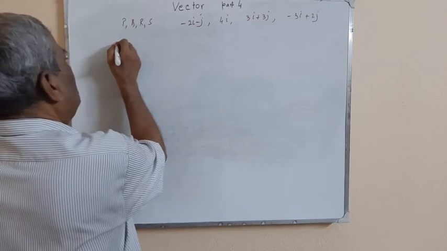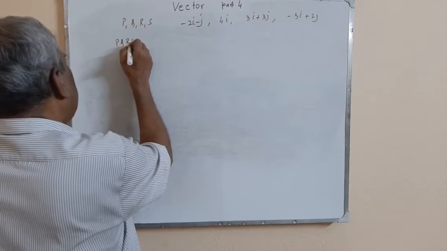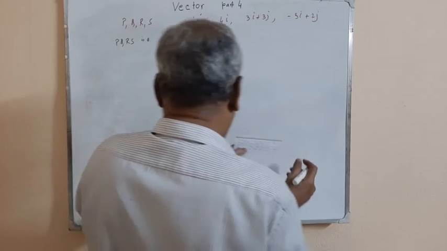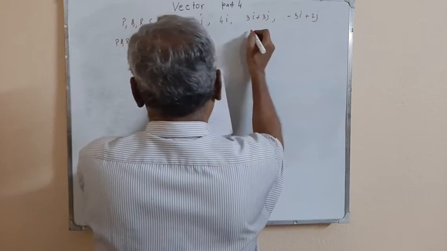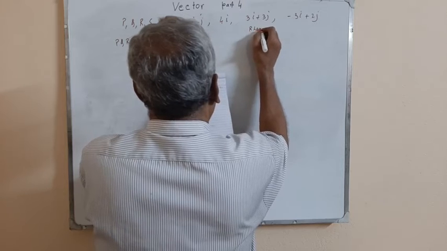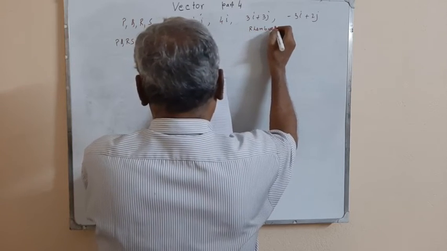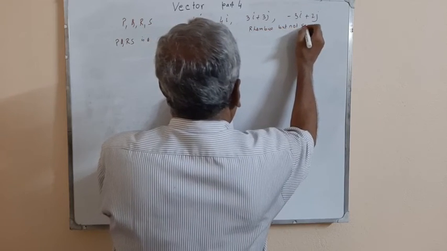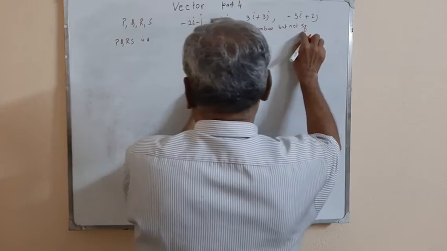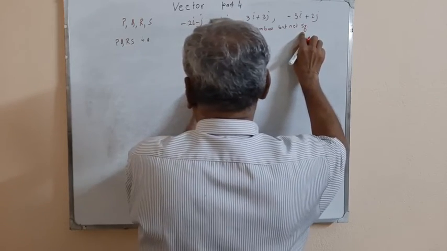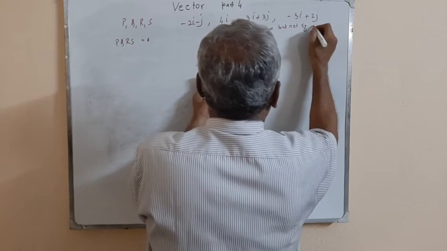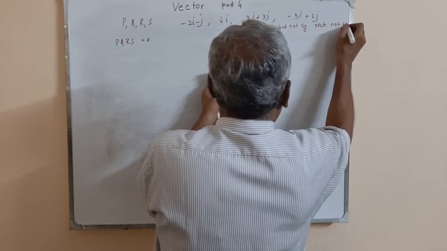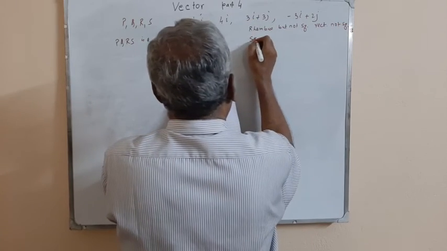Then the question is, PQRS is a rhombus but not a square, number 1. Number 2, rectangle but not square. Third one is square.